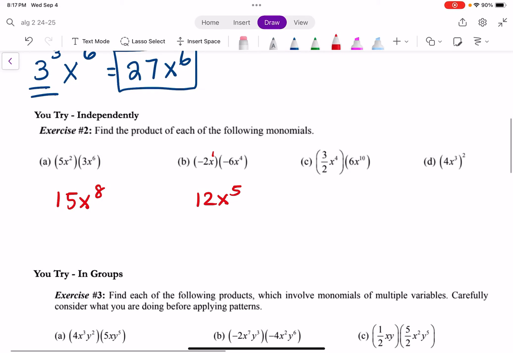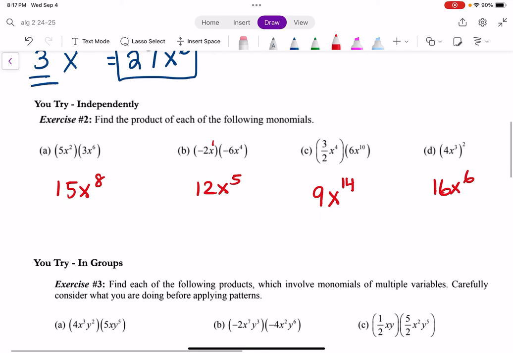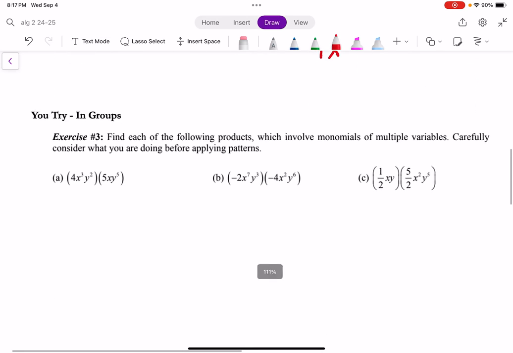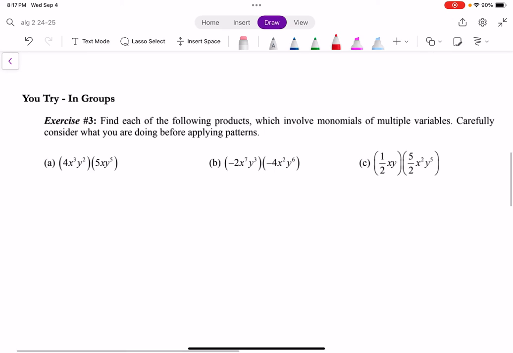Because there's an invisible exponent of 1. This should have been 9x to the 14th, and this should have been 16x to the 6th, okay? If you got any of those wrong, just call one of us over or ask your partner or someone in your table group. Now, try these questions, okay? So again, pause the video and try these questions.